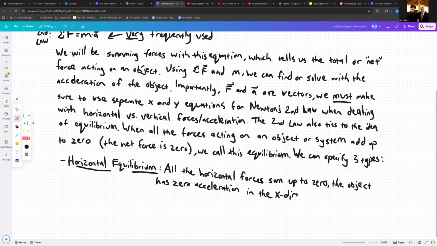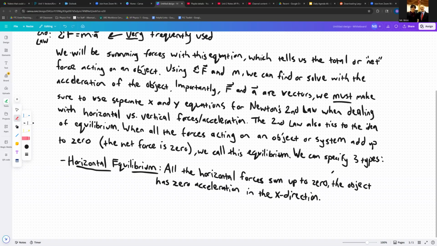Now we are not done with the differences between acceleration and velocity because people will continue to mess these up from time to time. This does not mean your object is stopped. People will assume, oh, so all my forces balance out, they add up to zero, my object has zero acceleration in the x direction, surely it must be stopped. That doesn't mean it has to be at rest. It could be. That is one option for having zero acceleration.